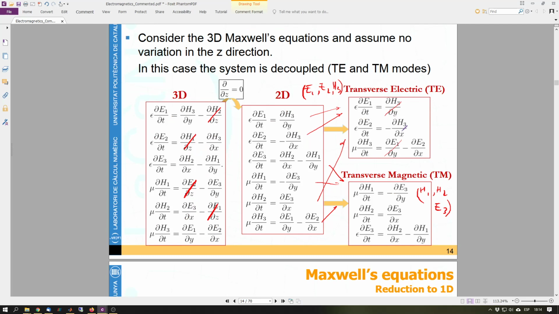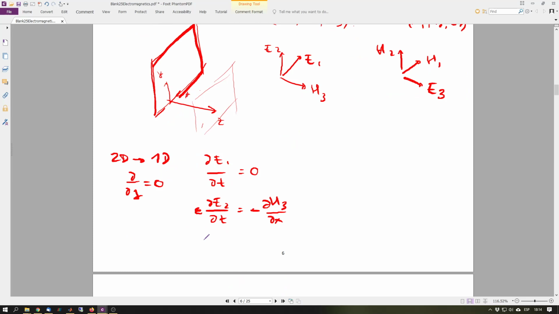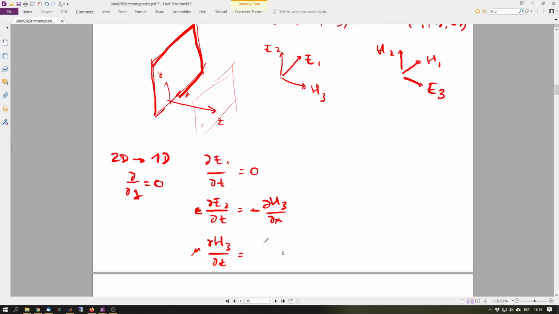And my derivative with respect to E2 is going to be minus H3 with respect to x. And very similarly, I have my mu derivative of H3, and the y is going to be cancelled here, and I'm just left with minus the derivative of E2.